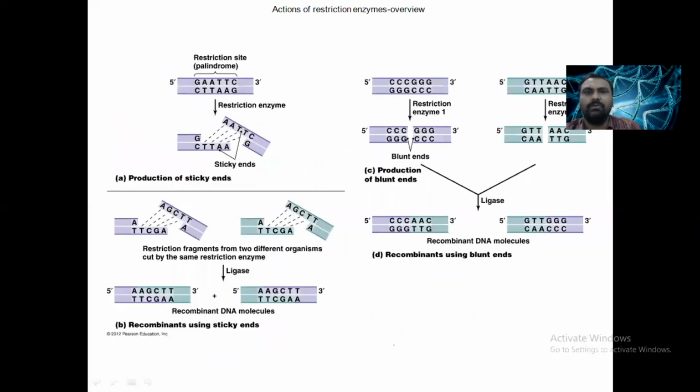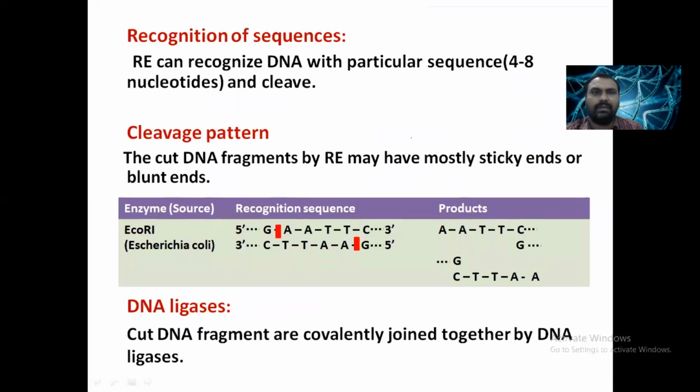So restriction endonuclease will cut the DNA. If the cut is like this, it will produce sticky ends, which will stick together again. And if we cut vertically here, it will produce the blunt end. So the restriction endonuclease enzyme will cut the DNA.